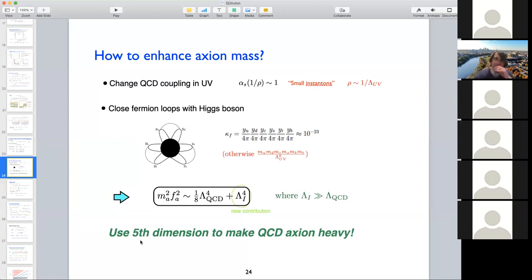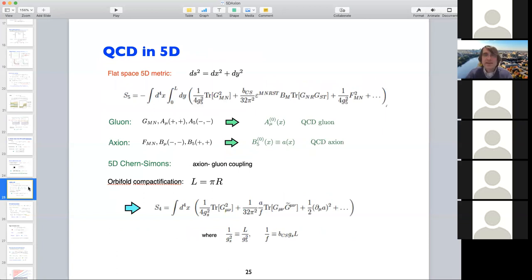And so again, I'm going to use the fifth dimension to make the QCD axion heavy, because the fifth dimension is one way for which the QCD coupling can actually grow again in the UV.